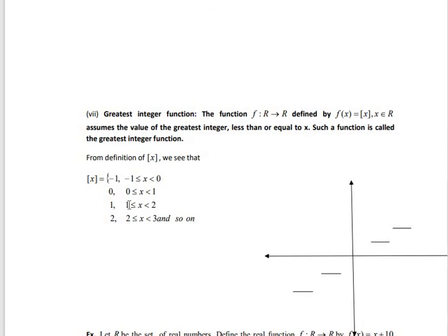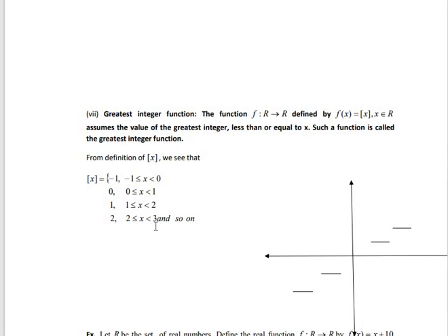Always remember that the value of box x is -1 when x lies between -1 and 0, the value of box x is 0 when x lies between 0 and 1, the value of box x is 1 when x lies between 1 and 2, and so on.